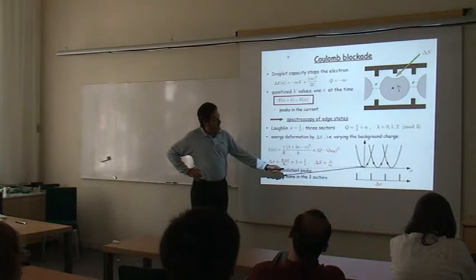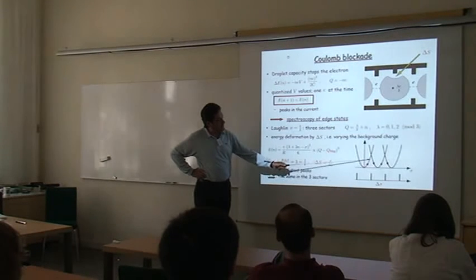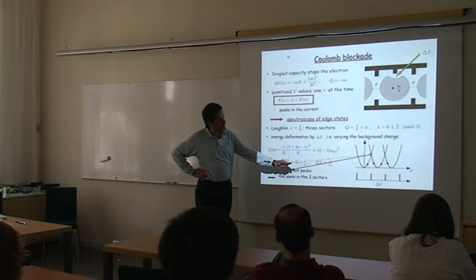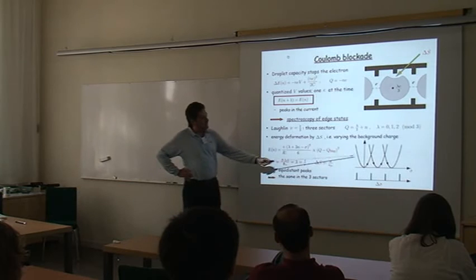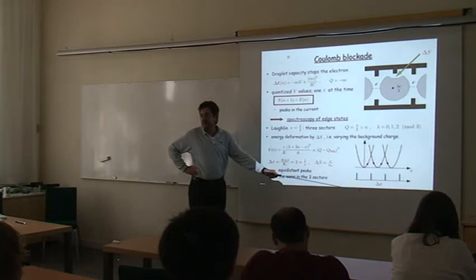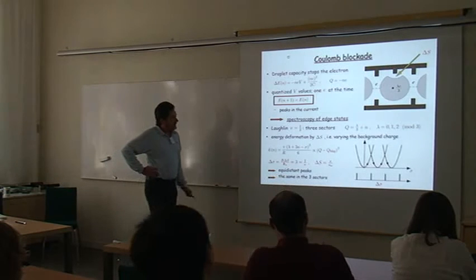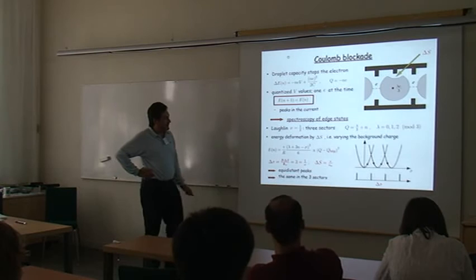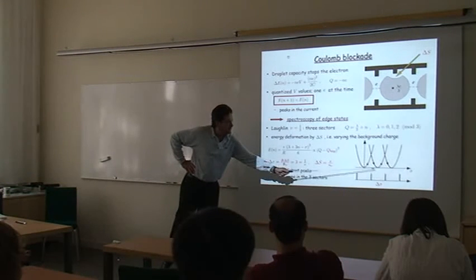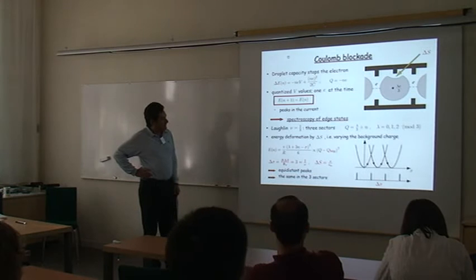Then you start to deform the droplet, this level energy goes up, the ground state at a certain point crosses the first excited level, which is E1, and at this point the electron can enter and you have a peak, okay? And so it's very easy to find out what will be the spectrum of the peaks. The peaks are equidistant in this area change.